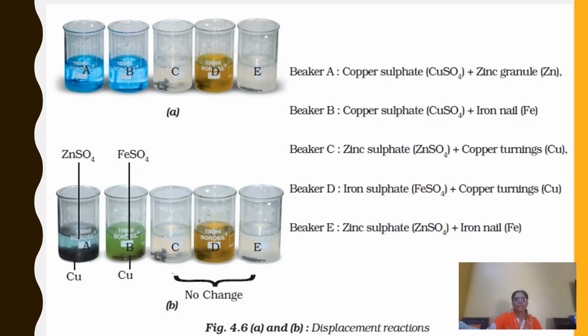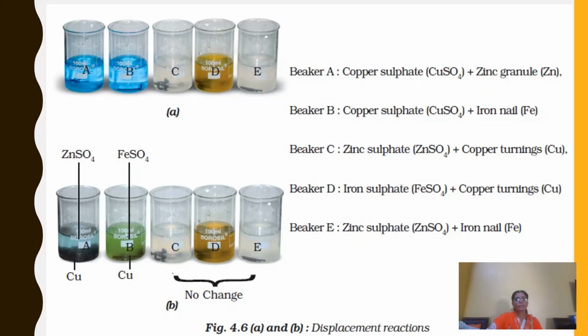So in beakers C, D and E, we can see there is no change in the experimental setup because no reaction takes place. So from this we can understand that a displacement reaction is a chemical reaction in which a more reactive metal can displace a less reactive metal, or a more reactive element can displace a less reactive element from its compound.